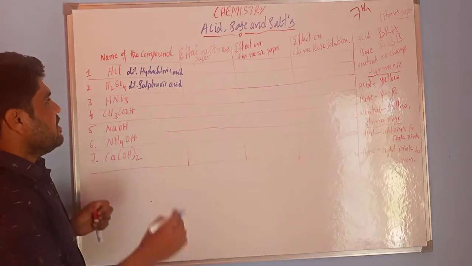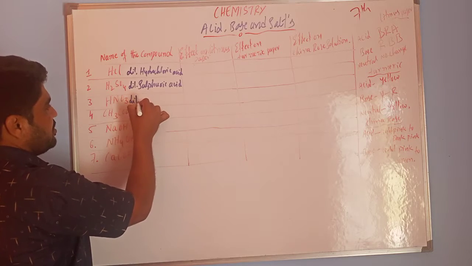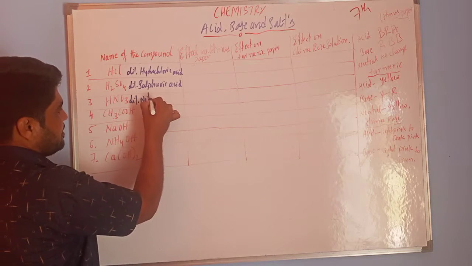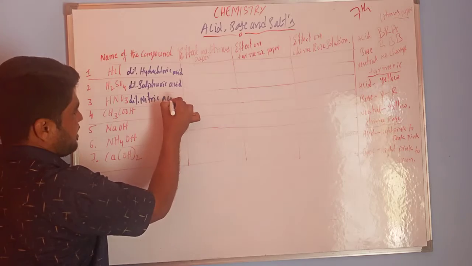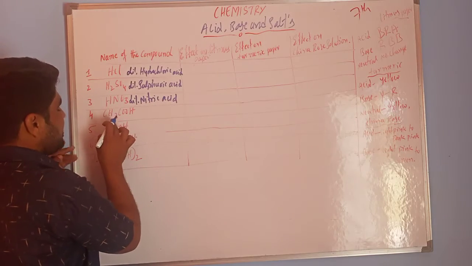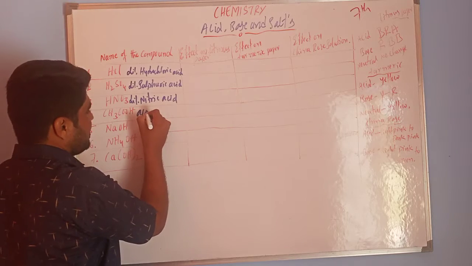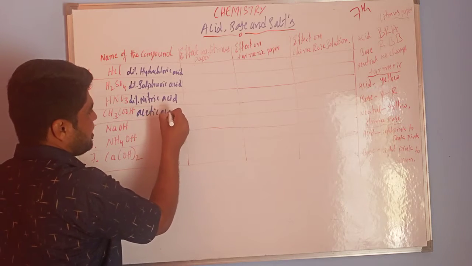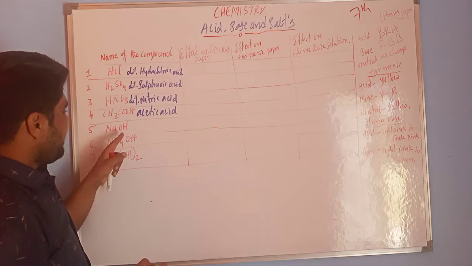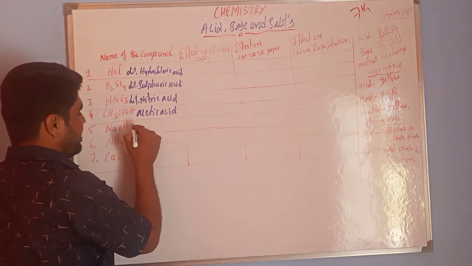HNO3 is dilute nitric acid, and CH3COOH is acetic acid. Then NaOH, sodium hydroxide.